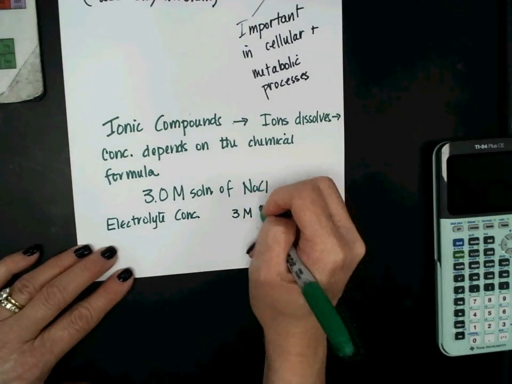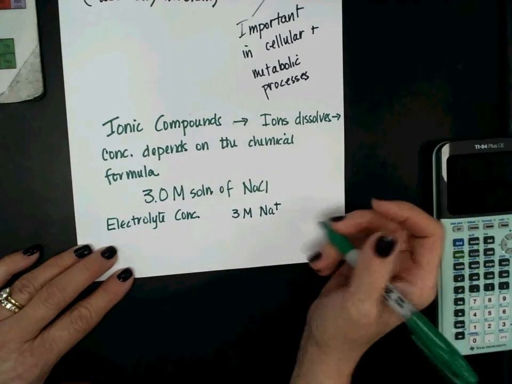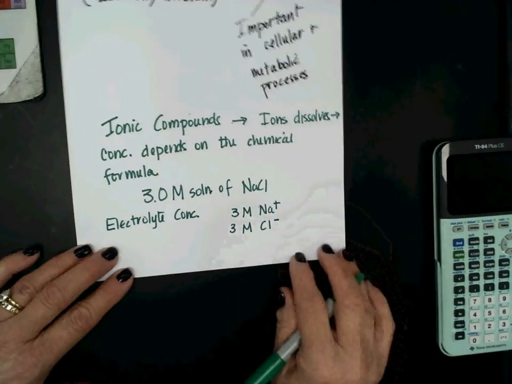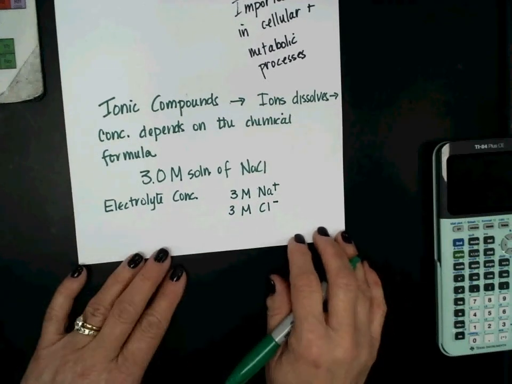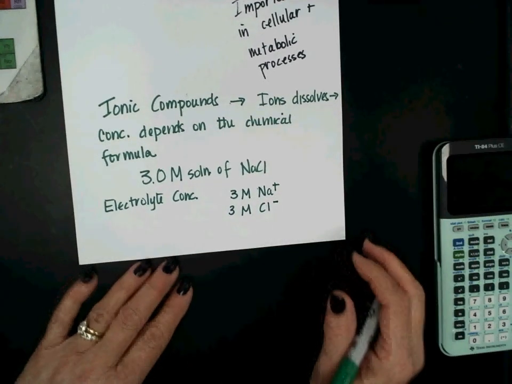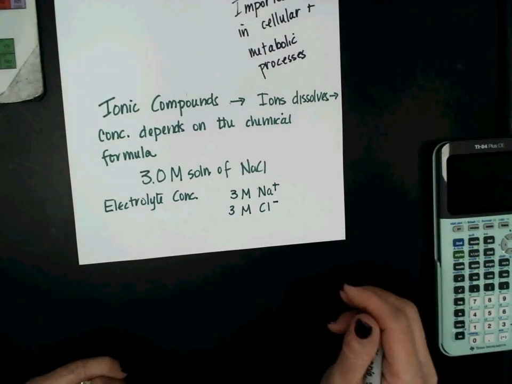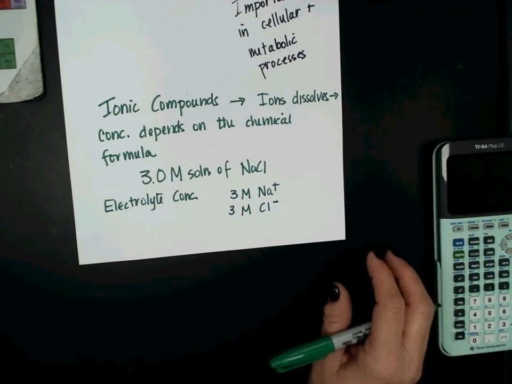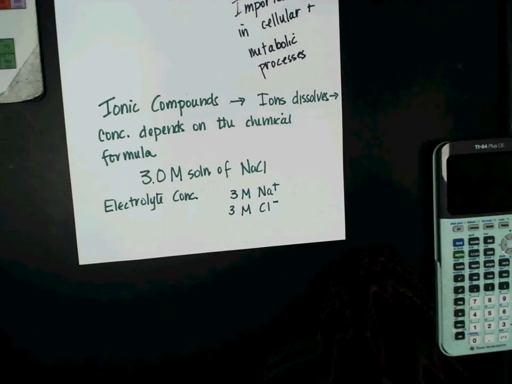I would say I have 3 molar sodium ions and 3 molar Cl minus ions. So I just apply that molarity to the ion. But I have to pay attention to how many of them there are. I'll show you that in a second.